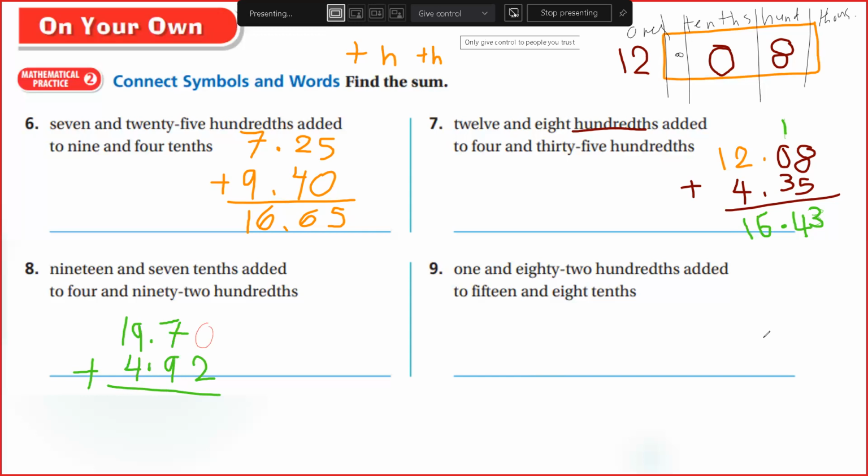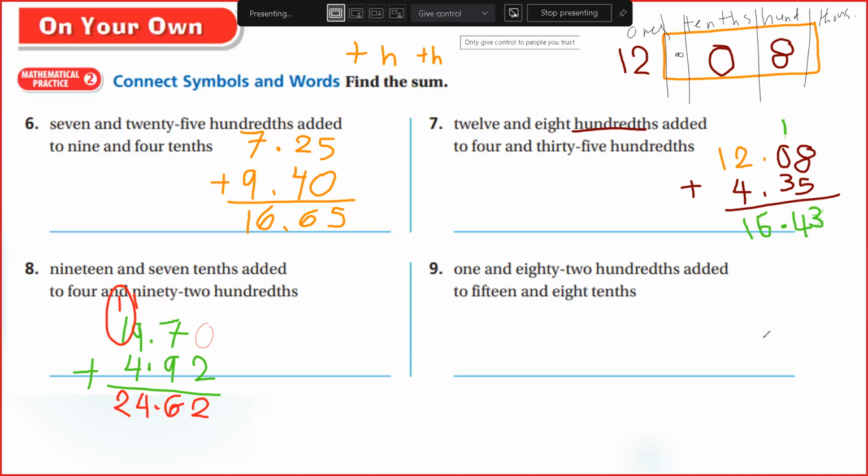You have 0 and 2. 2. 7 and 9. 16. 14. 2.